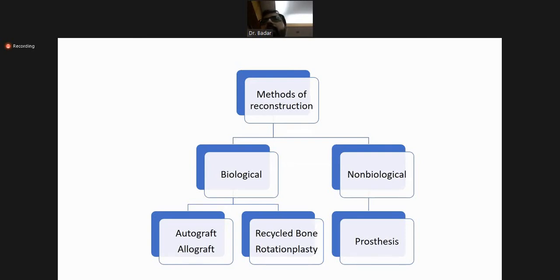And non-biological means you put a prosthesis. For example, you remove the distal femur and you put a prosthesis into the distal femur. So that is non-biological. So biological methods are autograft, allograft, recycled bone, rotationplasty, Ilizarov bone transport. These are methods of biological reconstruction, and non-biological reconstruction is with prostheses.